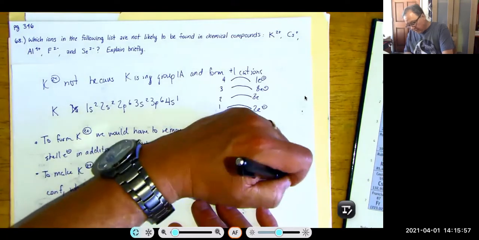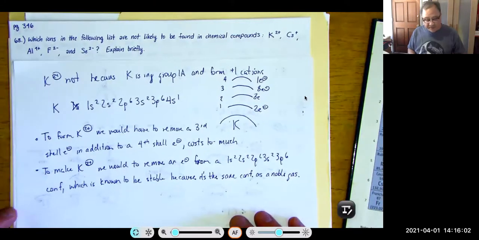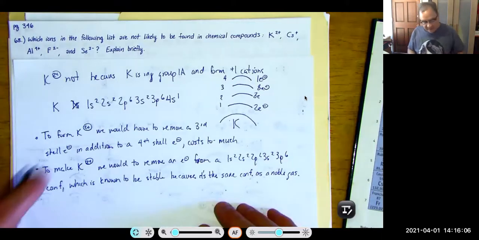And what do we know about noble gases? They're stable. Okay, so that's a pretty brief explanation. So we're not likely to find a K2+.